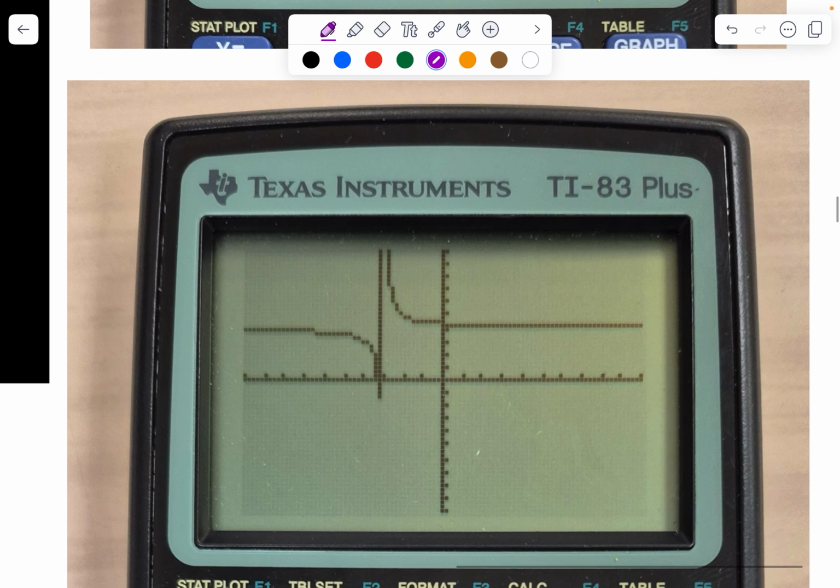Now, you would have studied this kind of graph a little bit in Algebra 2 last year, or maybe I should say, did you study this a little bit in Algebra 2? Because it's got some special behaviors. One of the behaviors is what appears to be this vertical line right here. Remember, that is an asymptote, and that has everything to do with the denominator equaling 0. What's that you say?